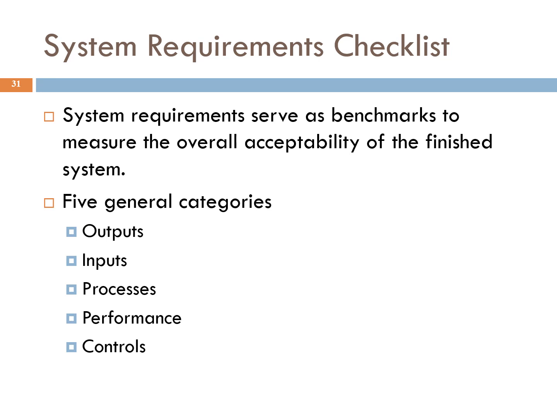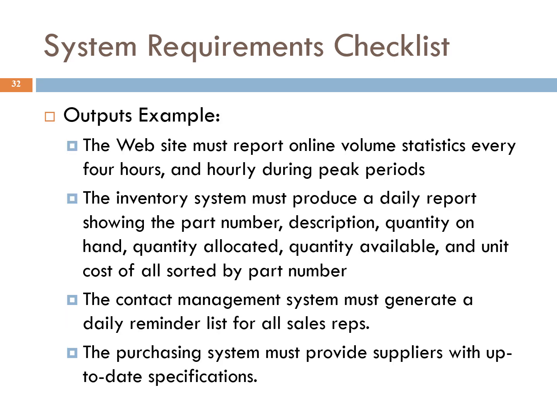Now we look at the system requirements checklist. System requirements serve as a benchmark to measure the overall acceptability of the finished system. The five general categories of the checklist are output, input, processes, performance, and controls. This is the output example of the system.